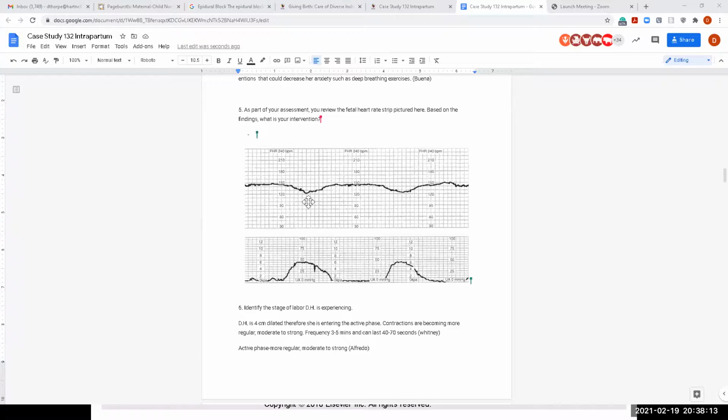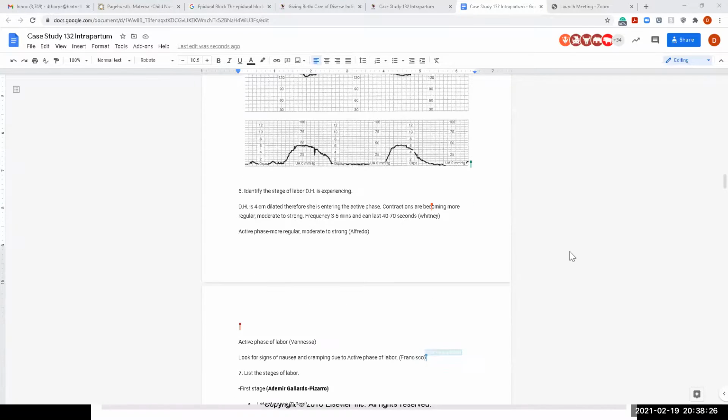Yeah. It has a little bit of the shape of a late, but actually where it comes in the contraction, it's an early. Okay. So what stage of labor do you think she's in?